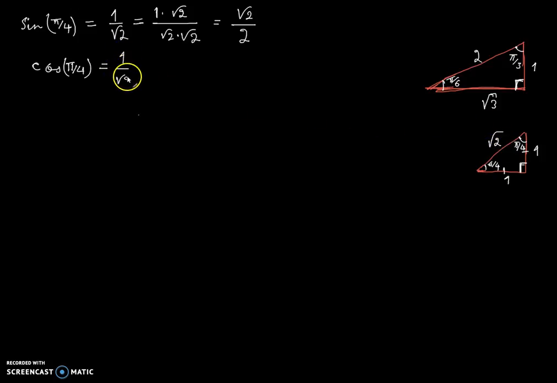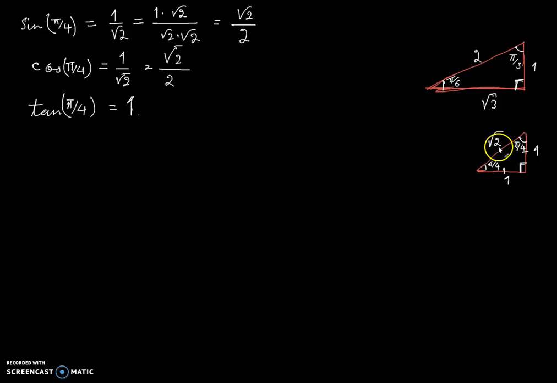So 1 by root 2, which is equal to root 2 by 2. And you know that tan pi by 4 is sine pi by 4 divided by cos pi by 4, which is root 2 by 2 divided by root 2 by 2, which is 1.